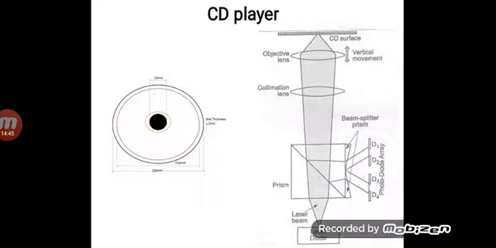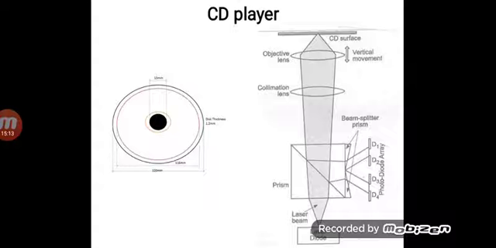Whenever we need to record a sound signal, we first convert that sound signal into an audio signal with the help of a microphone. Then that audio signal is converted into a digital signal, so now it becomes digital sound. Once that signal is digitized, it will have values of ones and zeros only, and with the help of those ones and zeros, we drive a laser beam so that it can be turned on and off.